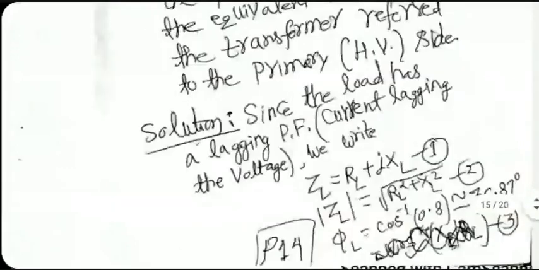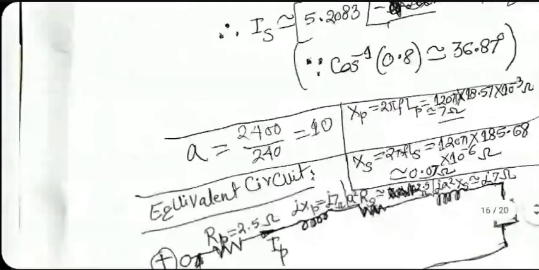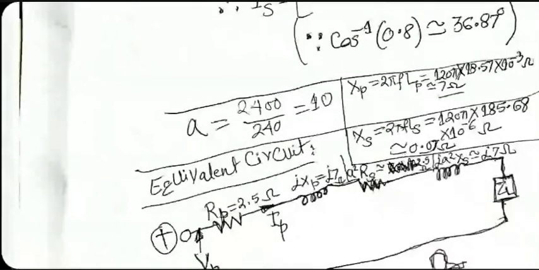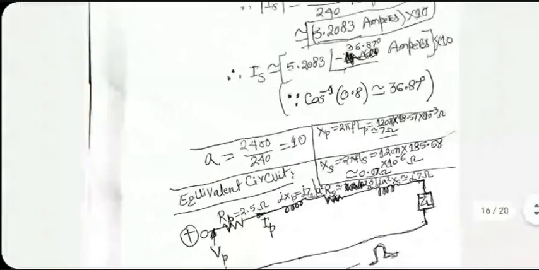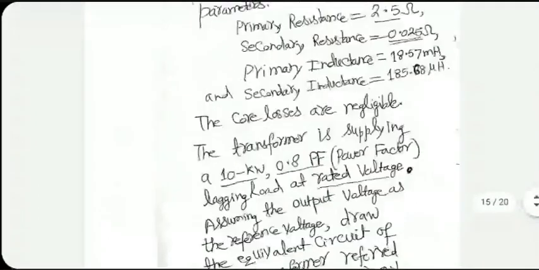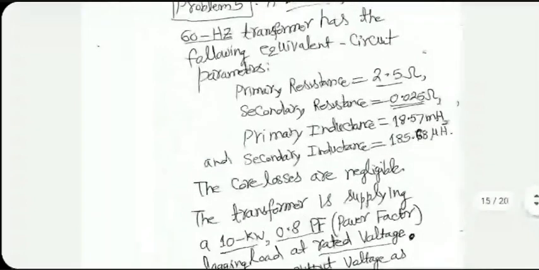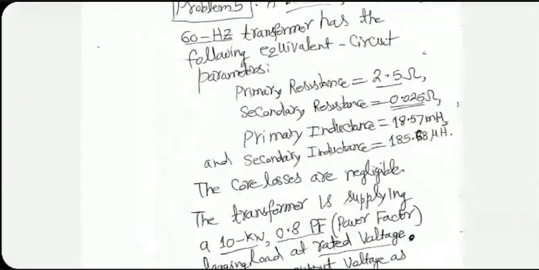What do they want? Oh, they want the equivalent circuit to be drawn. Fine. A is 10, that's obvious, right? XP has to be calculated. They have given you, let me go back. Yeah, primary winding has inductance 18.57 millihenry.